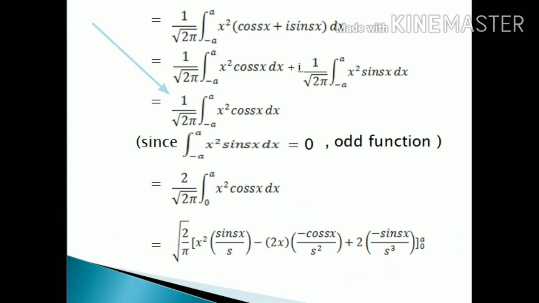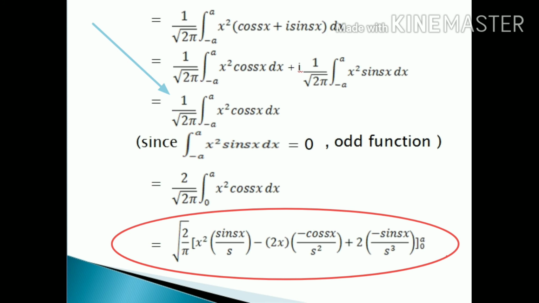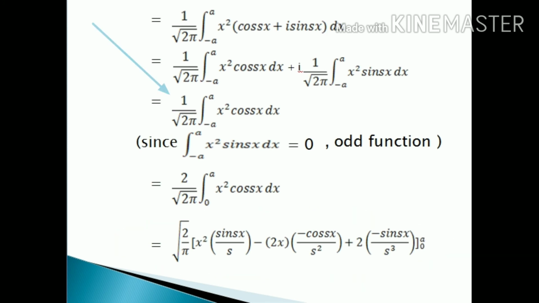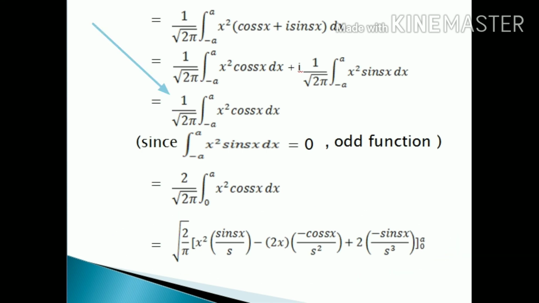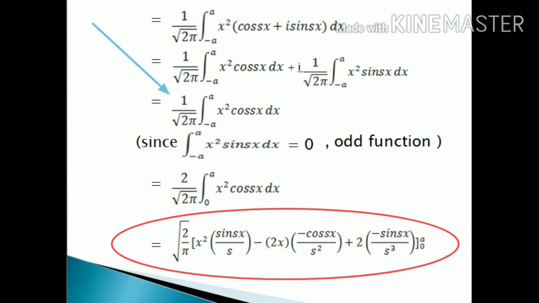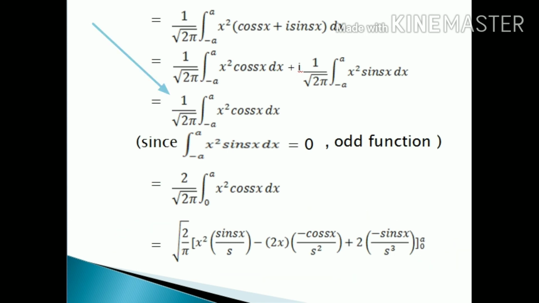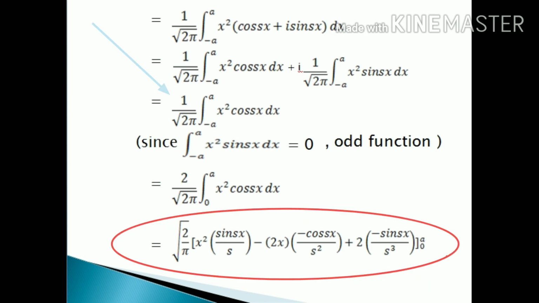Minus the differentiation of x squared, which is 2x, and once again we have to integrate sin sx by s. The integration of sin sx is minus cos sx, and the coefficient of x is s. Already one s is there, that's why divided by s into s, s squared.